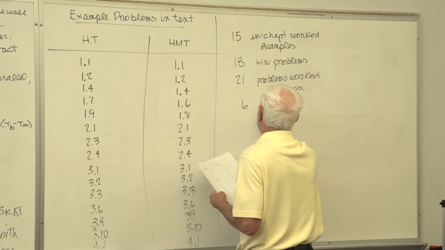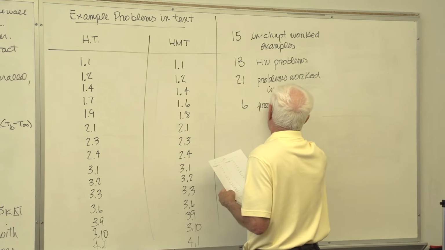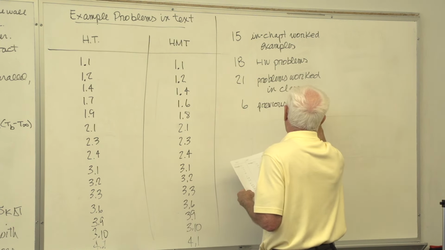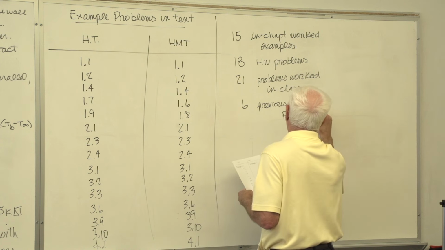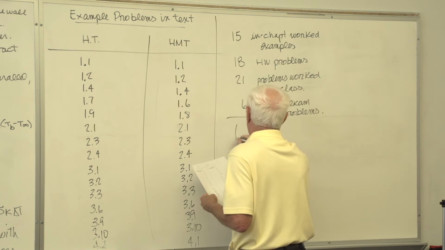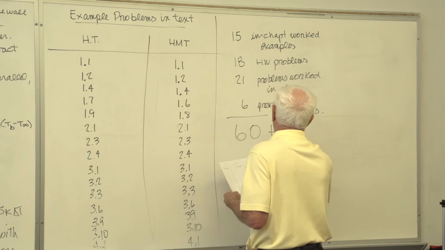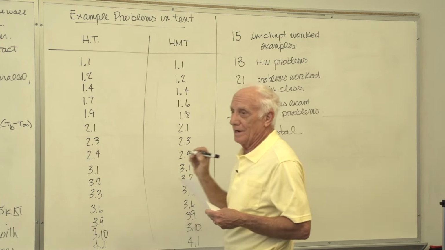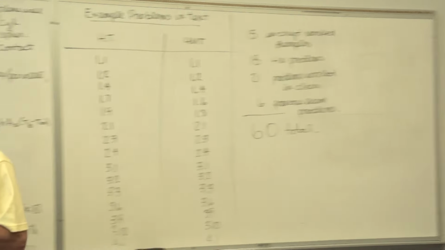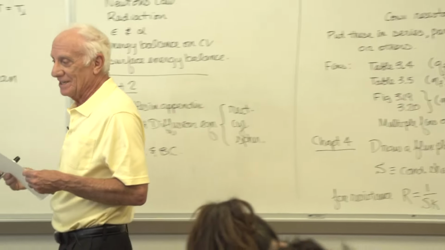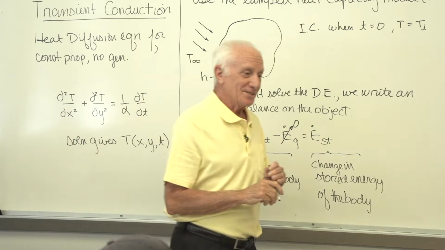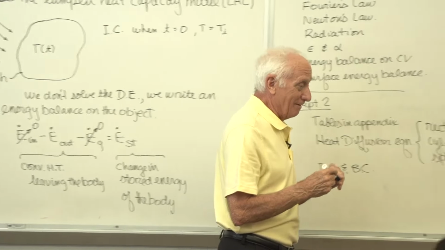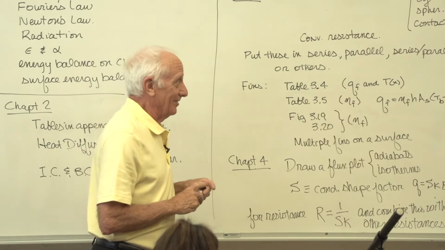You got 6 previous exam problems. So you've got a library now of 60 problems you can review for the first midterm. 60 problems for the first midterm. So if you want to look at stuff, that's what you look at right there, okay?